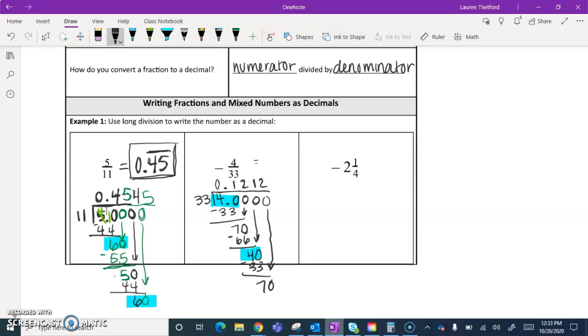When we rewrite this, we need to keep our negative because we aren't changing the number. The decimal and the fraction are equal to each other. So if one is negative, the other also has to be negative. So now I can write my decimal, and the 1 and the 2 repeat, and so the bar goes over the 1 and the 2.